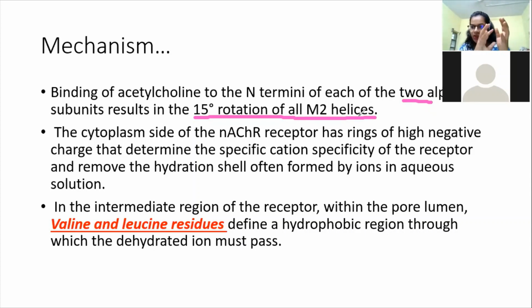When they move, they are making a space at the center. I'm not able to show it properly, but suppose this is the circle they make: alpha, alpha, beta, gamma and delta.